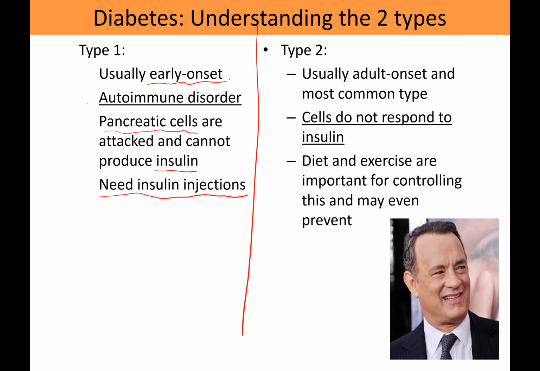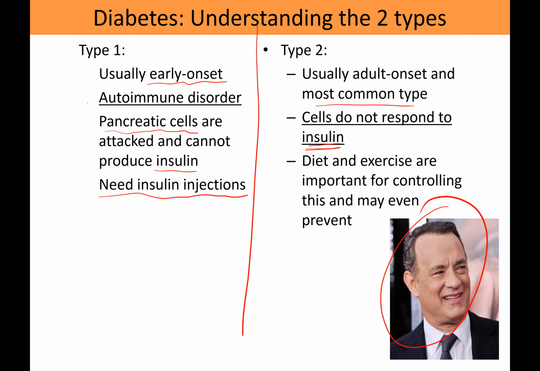Type 2, which a few years ago, one of my favorite actors, Tom Hanks, said that he actually suffers from, is the most common type. We're pretty fat, pretty happy in the United States with how we eat, so it's not surprising this is more common in the US. But basically, because of an unregulated diet, the cells get to a point where they just don't respond to insulin anymore.